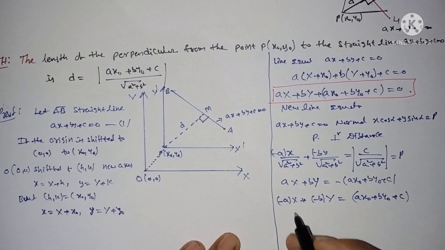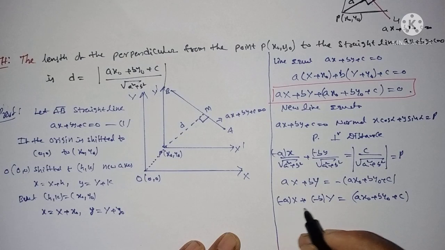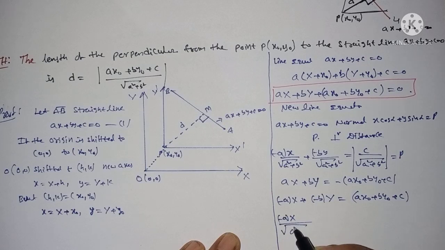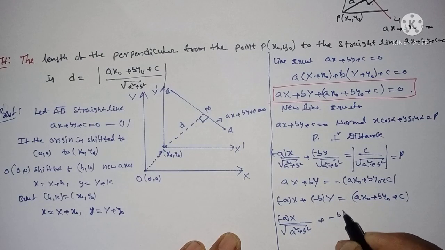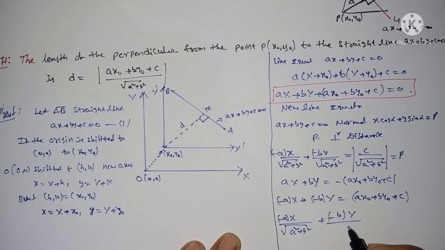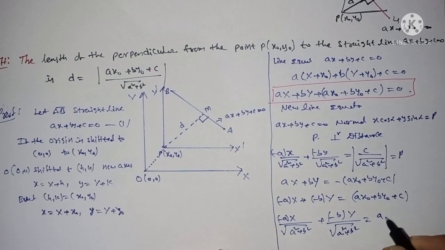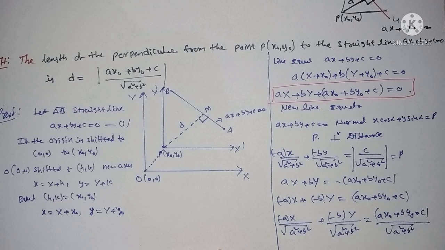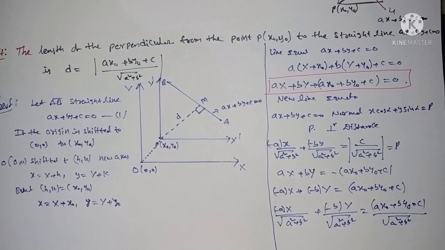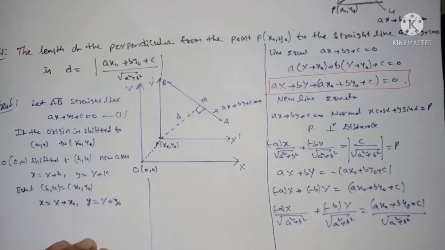Therefore, I am dividing both sides. What happens: minus a by under root of a square plus b square; minus a square is nothing but plus, minus b square is nothing but b only, minus b y by under root of a square plus b square is equal to (ax naught plus by naught plus c) by under root of a square plus b square. Listen here, I am writing here only.